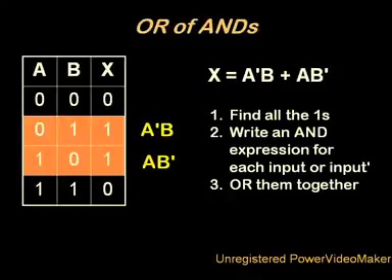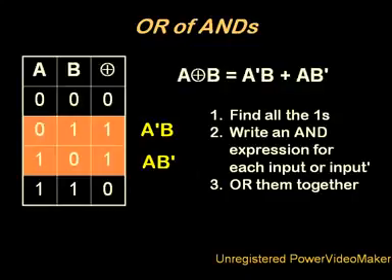This circuit would be called an OR of ANDs. I AND a bunch of inputs together, one for every time I've got a 1 in my output, and I OR all of those ANDed terms together. OR of ANDs.